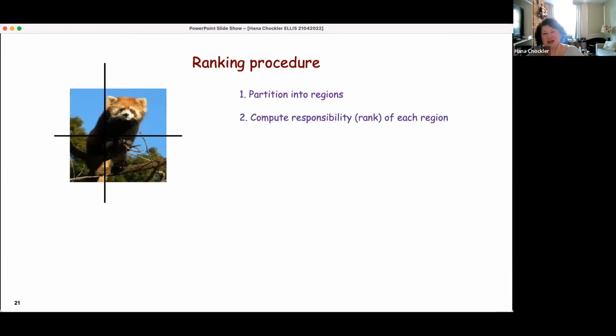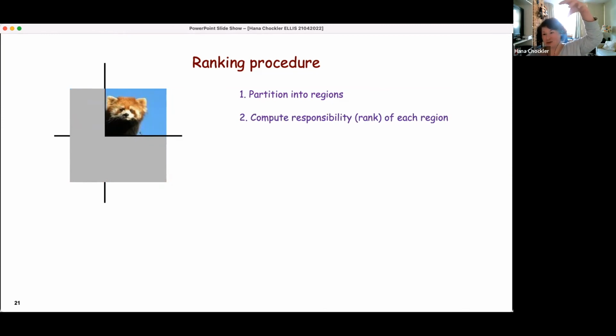Another imprecision comes from the fact that we compute responsibility on the higher grade, of the big chunk regions, then go down. So I can imagine, hypothetically, an image in which there is one pixel that has a very high responsibility, but around it there's very low responsibility, and the whole region is not ranked high enough.